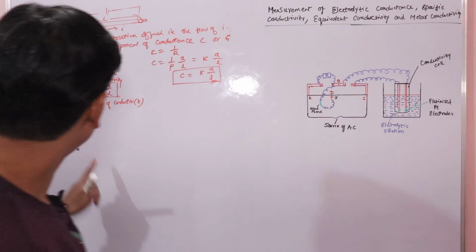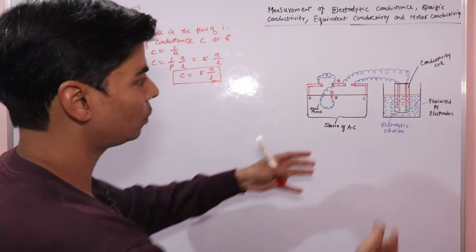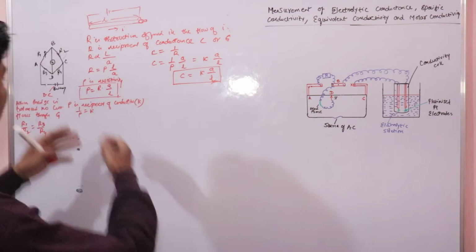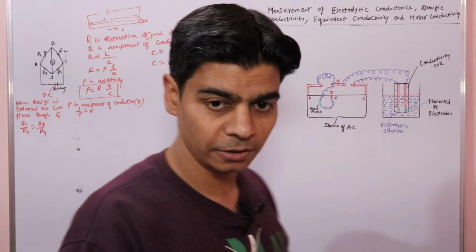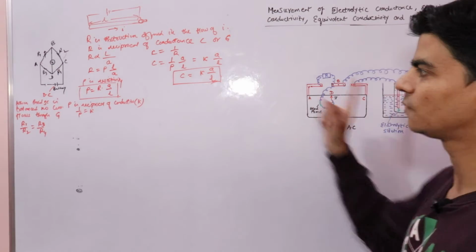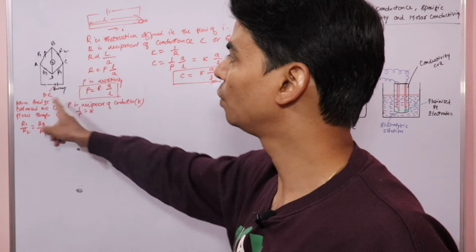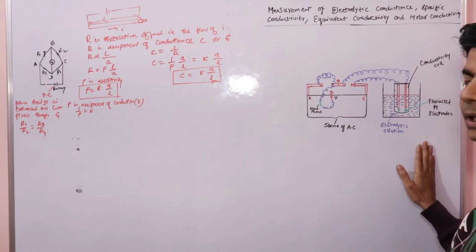So this is one way, this Wheatstone bridge. If I somehow take this solution into this Wheatstone bridge, if I make this electrolytic solution one of the resistances in the Wheatstone bridge, then I can calculate the unknown resistance of this electrolytic solution.